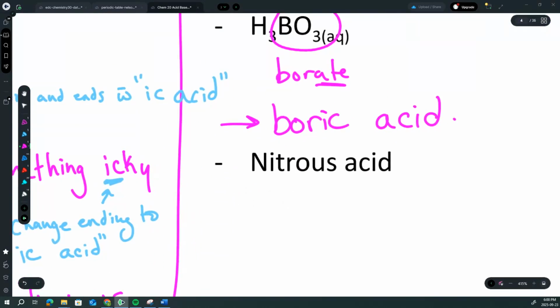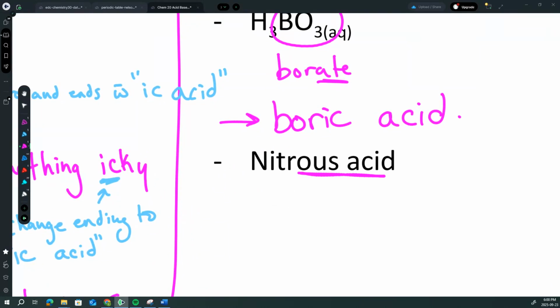Okay, with nitrous acid, we're going to be creating the chemical formula here. The ous tells me that my polyatomic ion ends in ite. And so to figure out the root of nitrous, I'm looking for something that has nitrite in it. So I'm just taking this part and reverse engineering what the polyatomic ion name is.